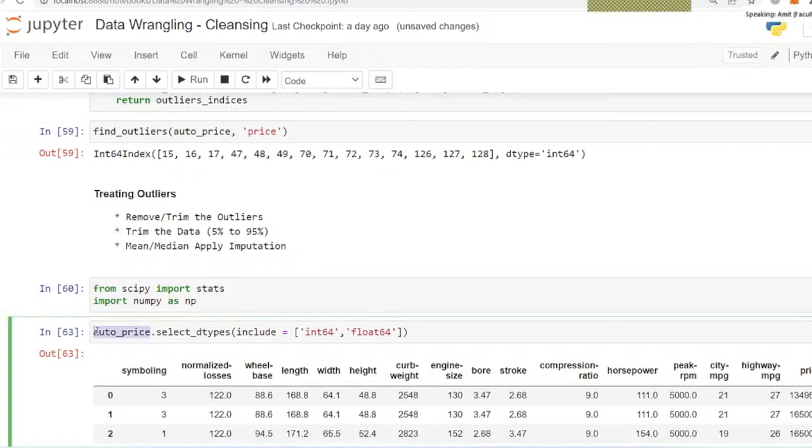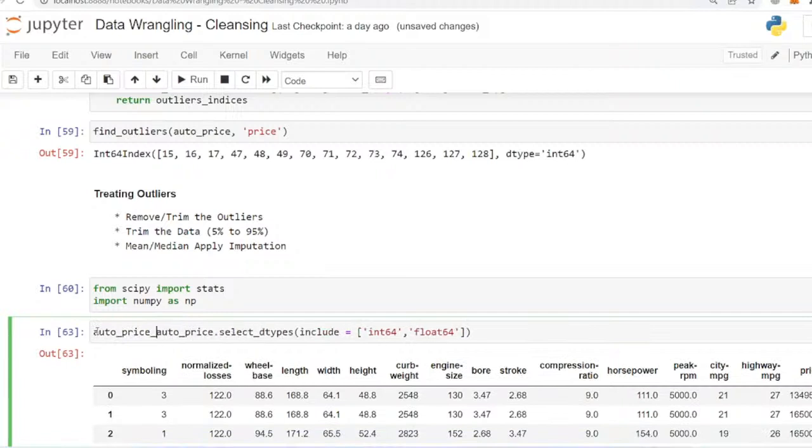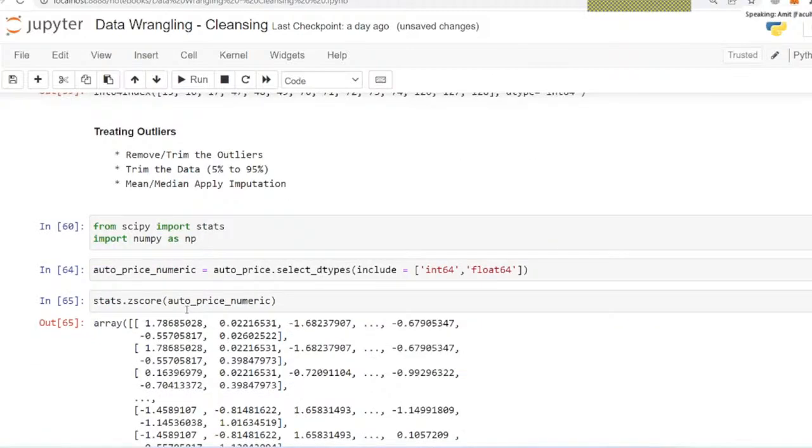So this is my numeric columns, and remember that this part will only be applicable to the numeric columns, and that's my numeric column here, auto_price_numeric. And that's what we can pass here. These are all my different values.